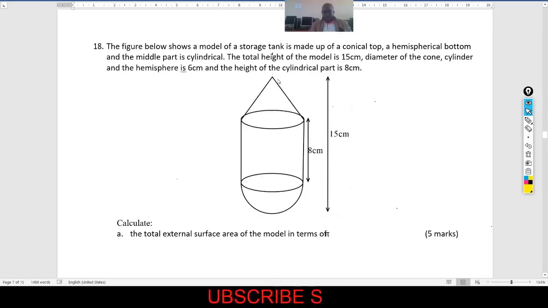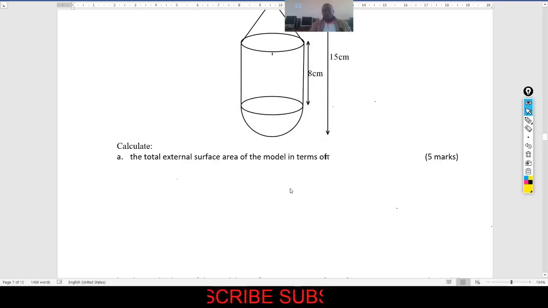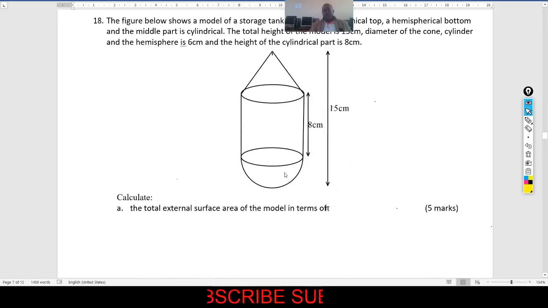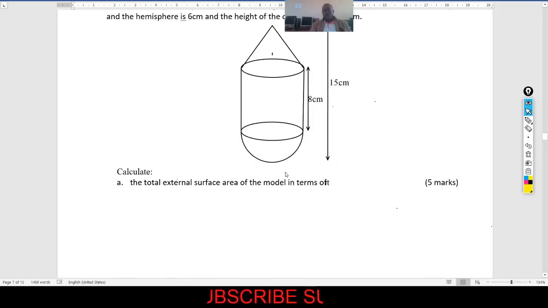The volume of the cone is a third pi r squared h, the volume of the cylinder is pi r squared h, and for the hemisphere, because a sphere is 4/3 pi r cubed, the hemisphere is half of the sphere, 2/3 pi r cubed.